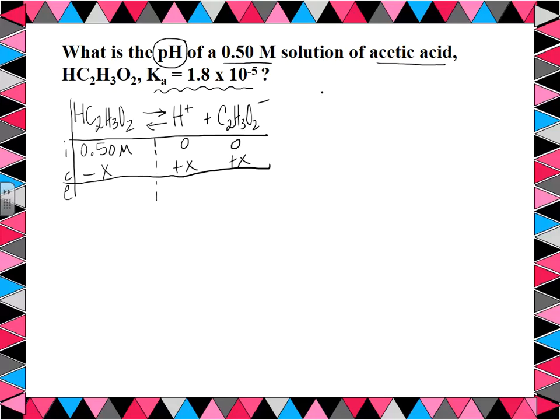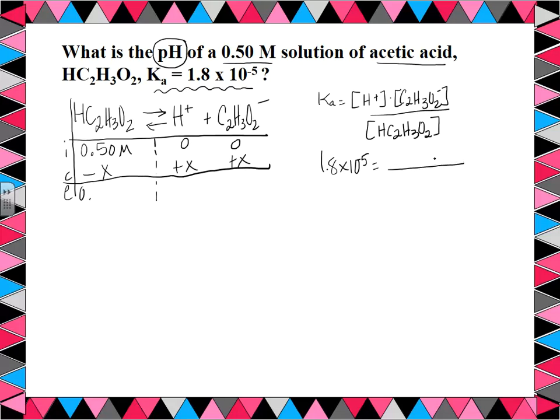All right, so write the law of mass action. Ka is equal to hydrogen ion concentration times the acetate ion concentration divided by the acetic acid concentration. Now we're given the Ka, and in terms of X, 1.8 times 10 to the negative 5 equals, now here's where we can invoke the 5% rule.